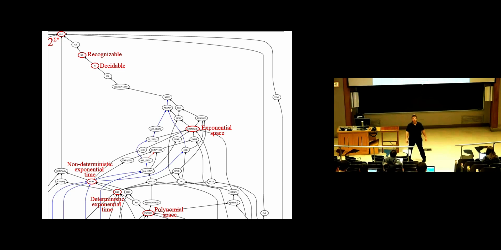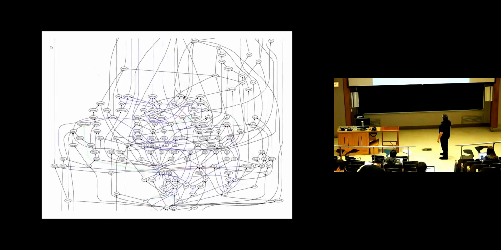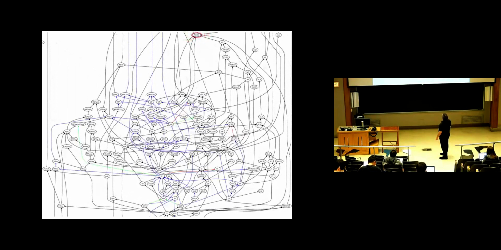There's no way to compute them in this universe. There's not enough particles and atoms and picoseconds since the beginning of the universe to even put a dent in the difficulty of how long and how much space it takes to compute some of these languages and functions up here, right?